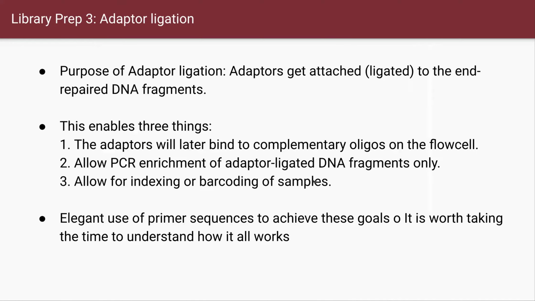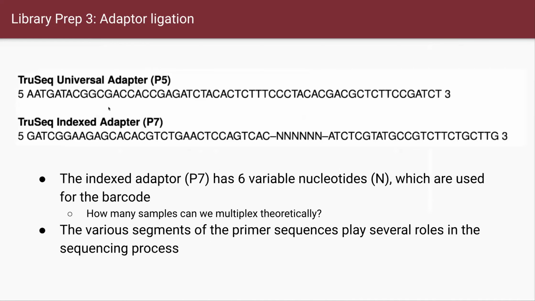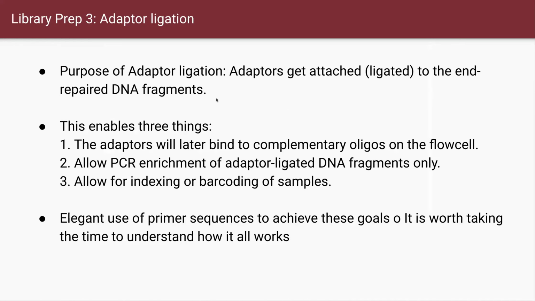If you look here, you will get this adapter sequence. And if you use this adapter sequence, then you can do many different tasks after your sequencing procedure. Adapters will bind to complementary oligos on the flow cell, as we saw in the previous sections. Also, you can do PCR enrichment of adapter-ligated DNA fragments, so you can make sure that you use only the DNA fragments with the adapter sequence.